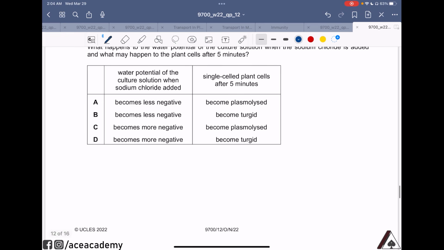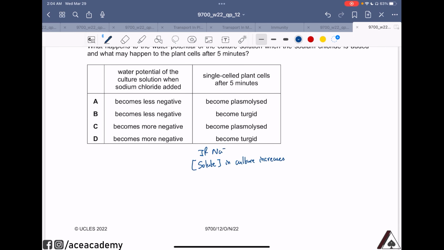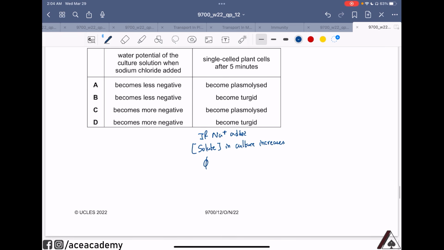Okay, if sodium chloride is added to the culture, then solute concentration in the culture increases, and hence the water potential of the culture becomes more negative. Lower, thus more negative.